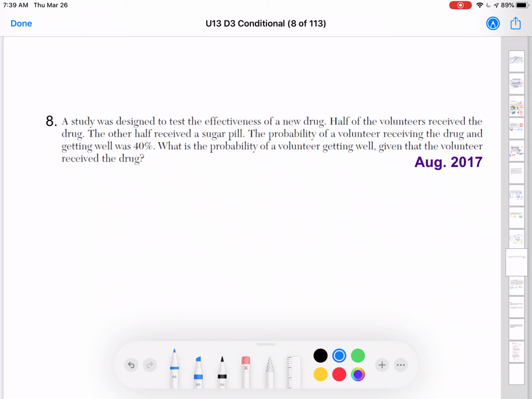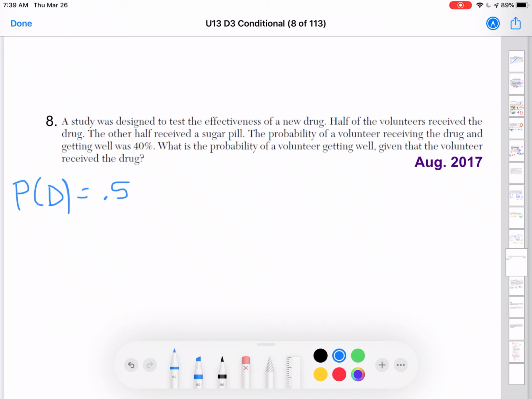Everybody gets a pill, but one group gets the real pill, and the other group thinks they're getting the real pill, but it's a sugar pill. This way they can see if there are really any results, even though everybody thinks they're getting the pill.